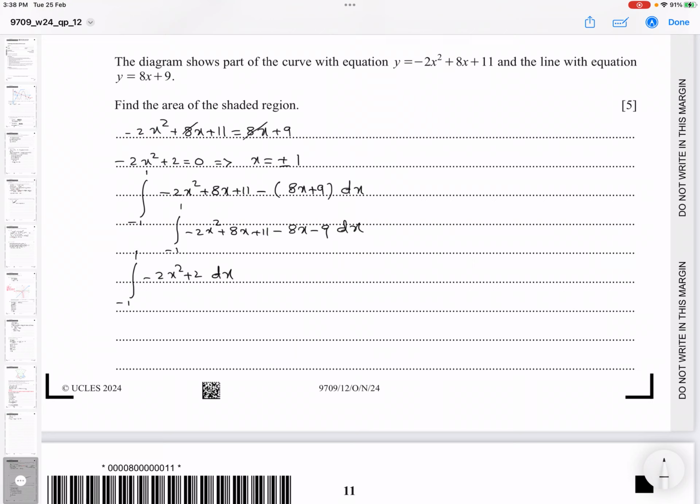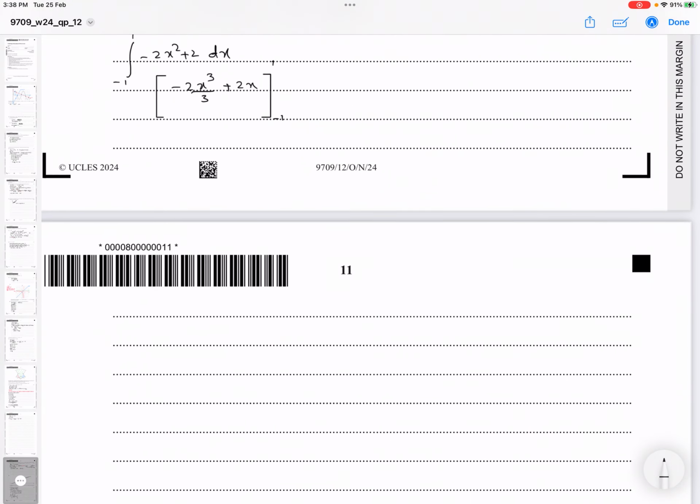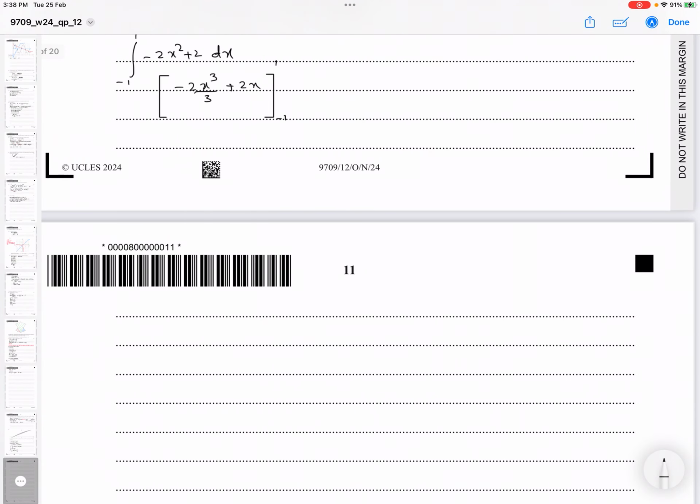Now use upper limit minus lower limit. So first integrate it. Your integration is minus 2x cubed over 3 plus 2x, limits from minus 1 to 1. Now use upper limit minus lower limit.